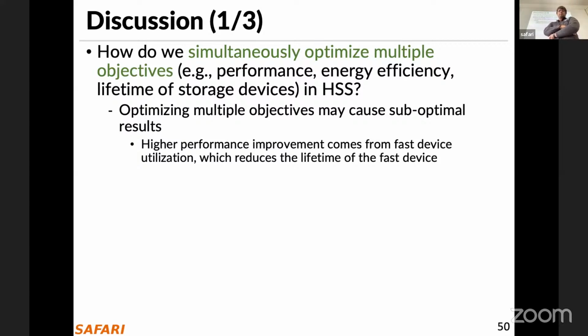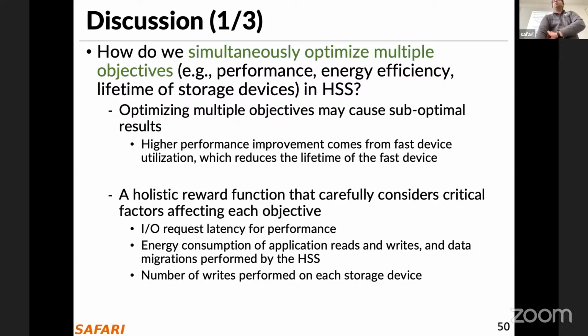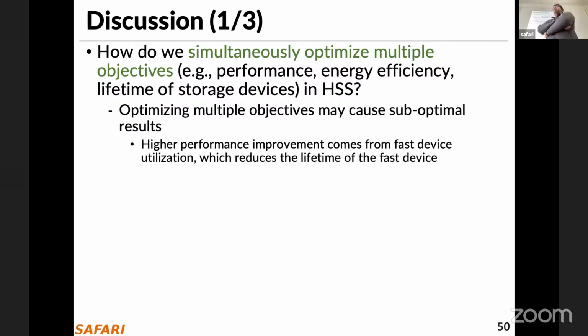As you said, there could be multiple techniques or multiple models that can be used. And this also introduces more challenges in hyperparameter tuning, right? For example, exactly, if we introduce more stuff, it could be that at the end we simply converge to, all we want is a high lifetime, so we keep everything in the slow device.